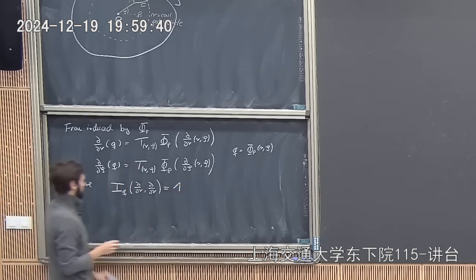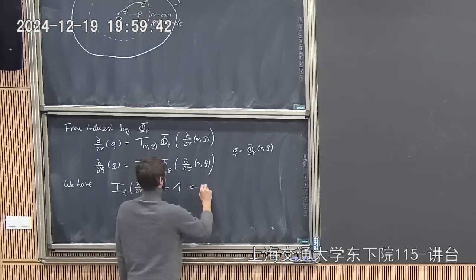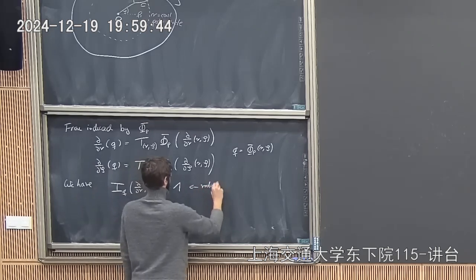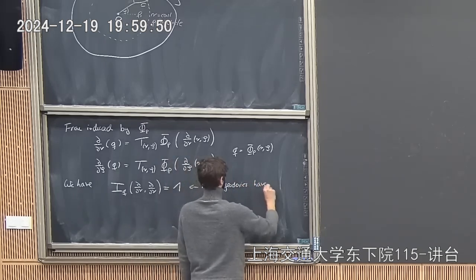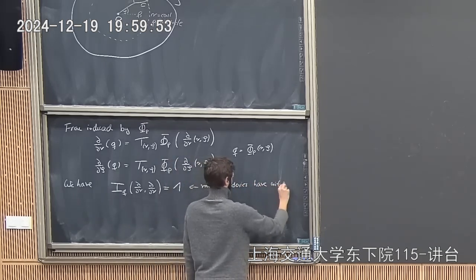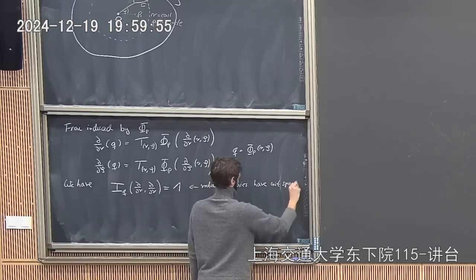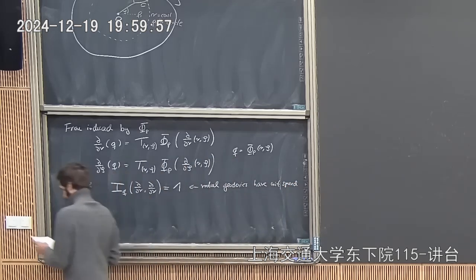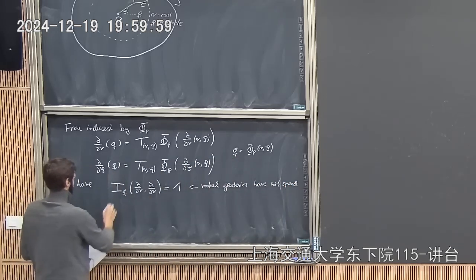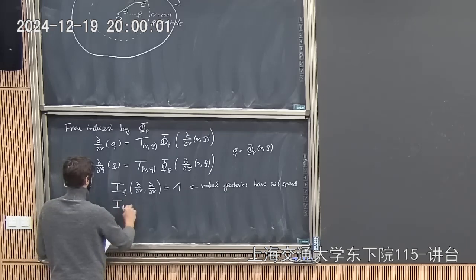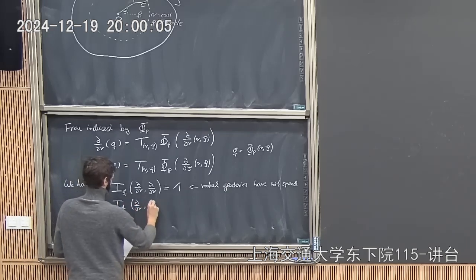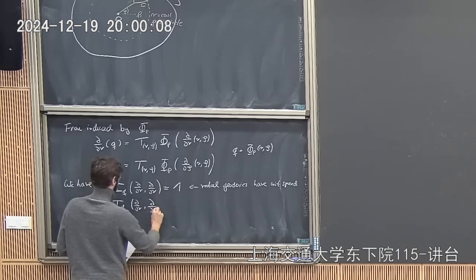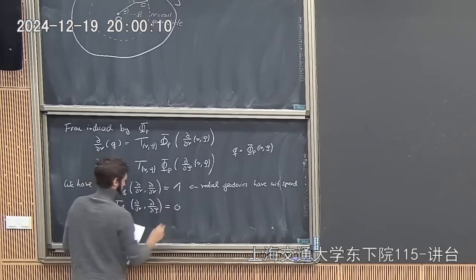So that says that the radial geodesics have unit speed. Then we have a second property that says the inner product of d/dr and d/dphi is 0.